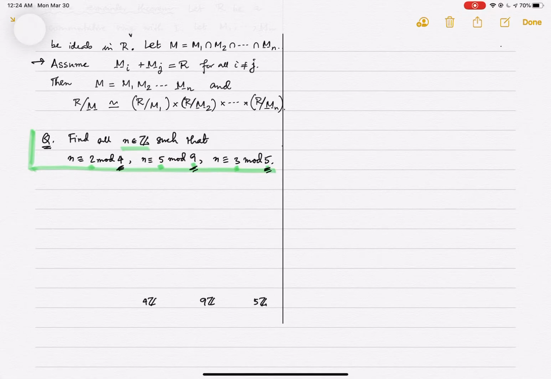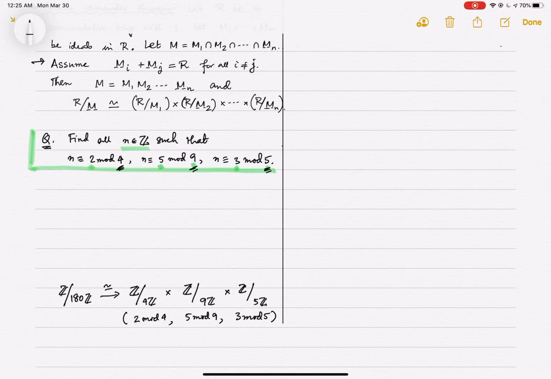So what the Chinese remainder theorem in this case says is that this product is isomorphic to Z mod the product of these numbers, which is 180, 4 times 9 times 5. This is an isomorphism. And now what the question is asking is that I give you a thing here, 2 mod 4, 5 mod 9, 3 mod 5.